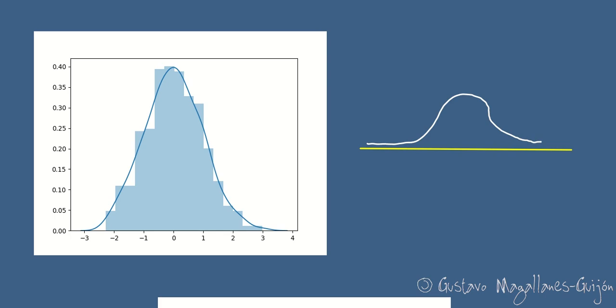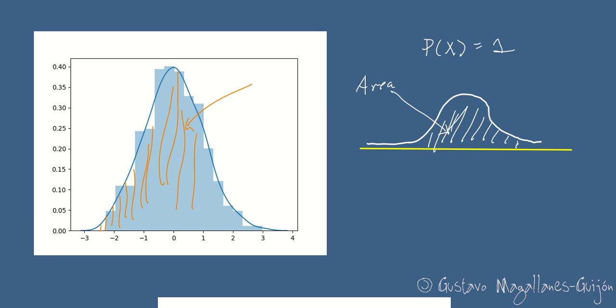And this area is the probability, the total probability. And the total probability is 1. This is the same case. This area represents all the probability.